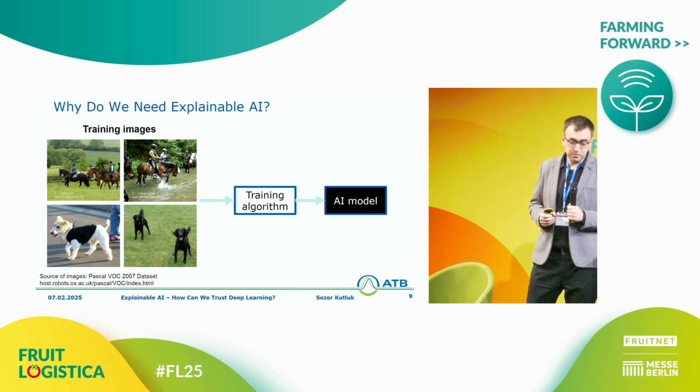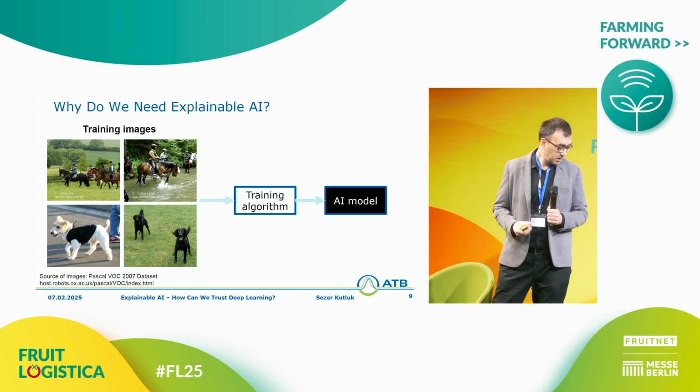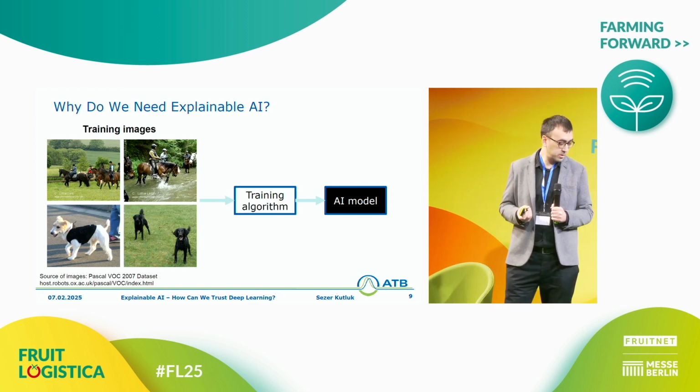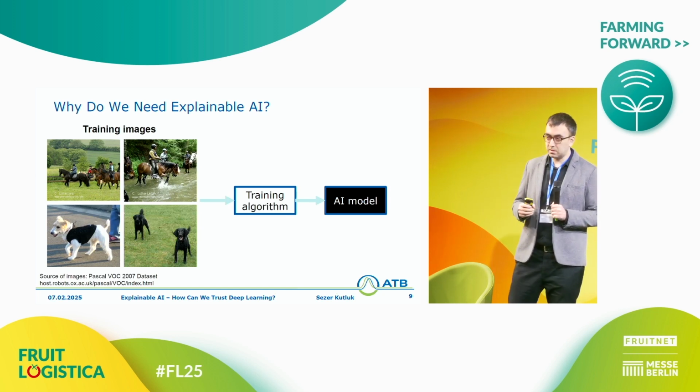These images are from the Pascal Visual Object Classes dataset. Let's think that we are, again, training an image classifier, maybe based on convolutional neural networks or transformer-based architectures. So we collect some images. In this case, we see horses and dogs.